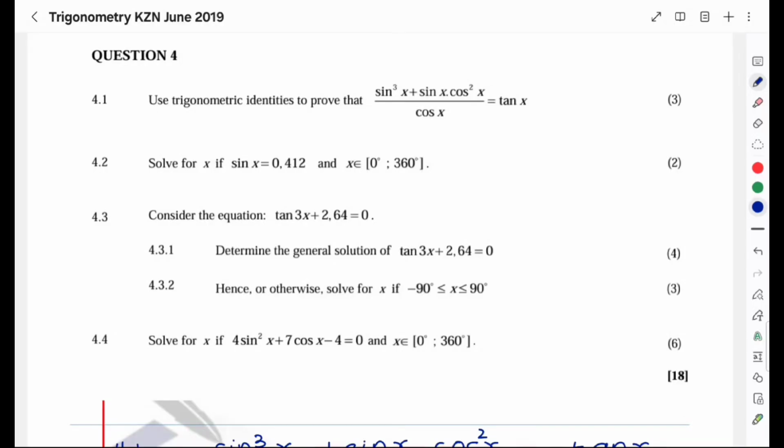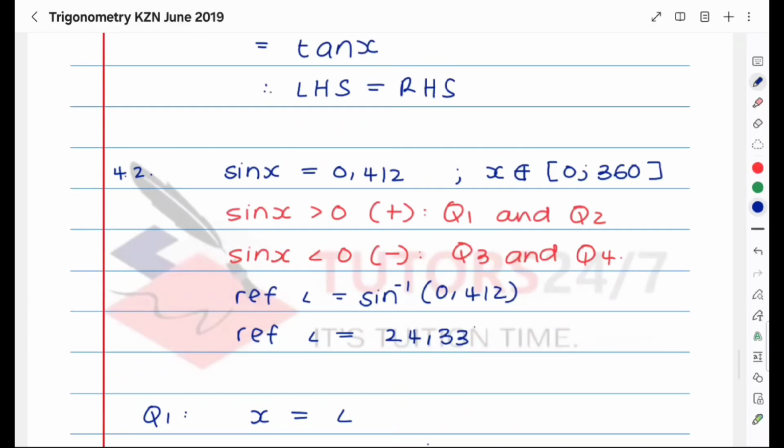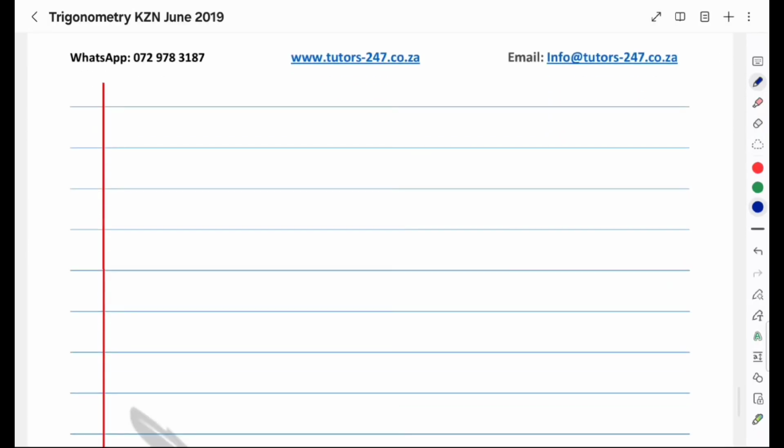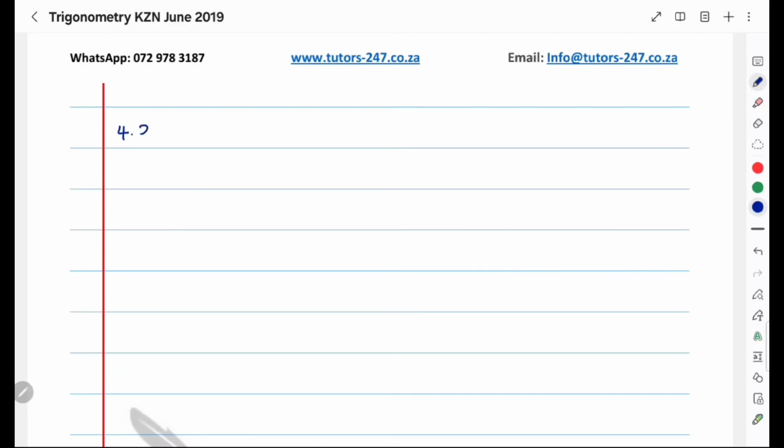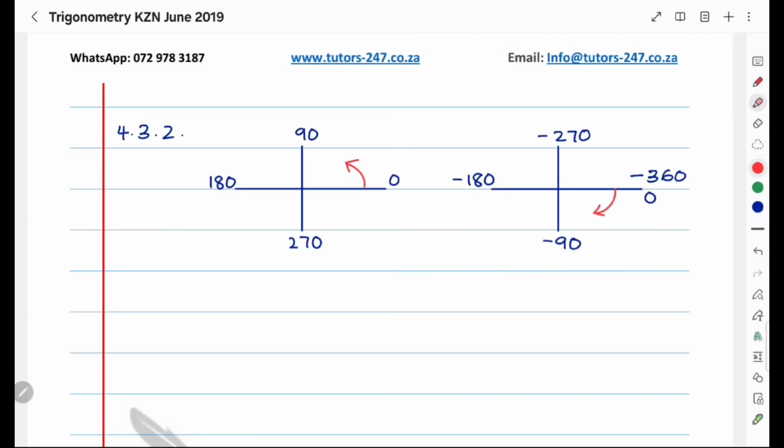Please take note that is quadrant 1 and quadrant 4. So let us discuss this. So we know from our cost diagrams that 0 to 90 is quadrant 1. And 0 to negative 90, that is quadrant 4 from our negative cost diagram.